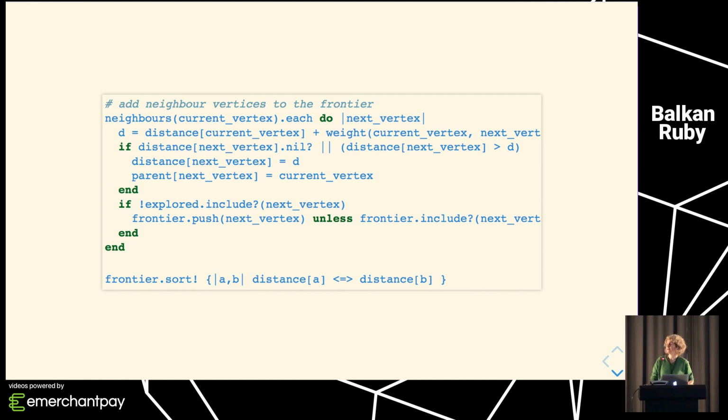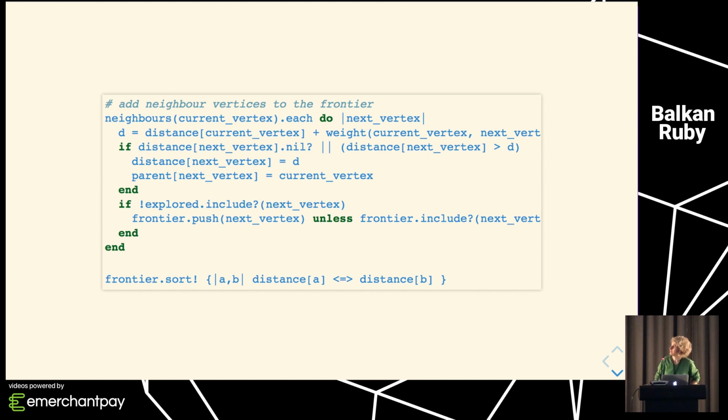So at the end of the algorithm, we not only know the shortest path between the two vertices that we are interested in, but also the distances to all of the intermediate vertices, which can be important information depending on what we are trying to accomplish.